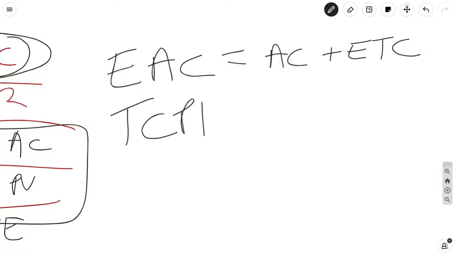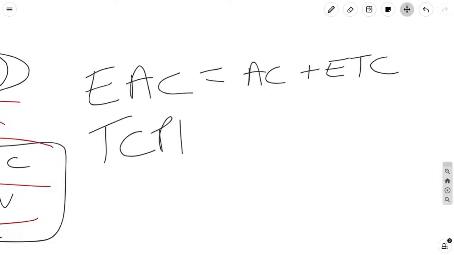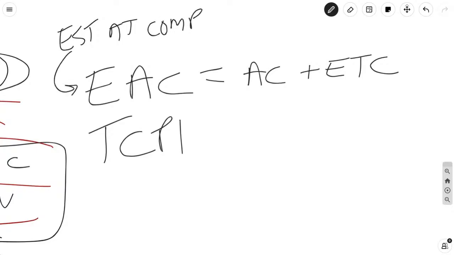Simply put, there are 4 EAC formulas, but I want to keep it very simple and distill it down to its bare common sense. Estimate at completion. This just says when all is said and done, how much would you have spent based on today's conditions? See that? EAC is based on today's conditions. So this is one of the metrics management always wanted us to present. How much money will you have spent when all is said and done?